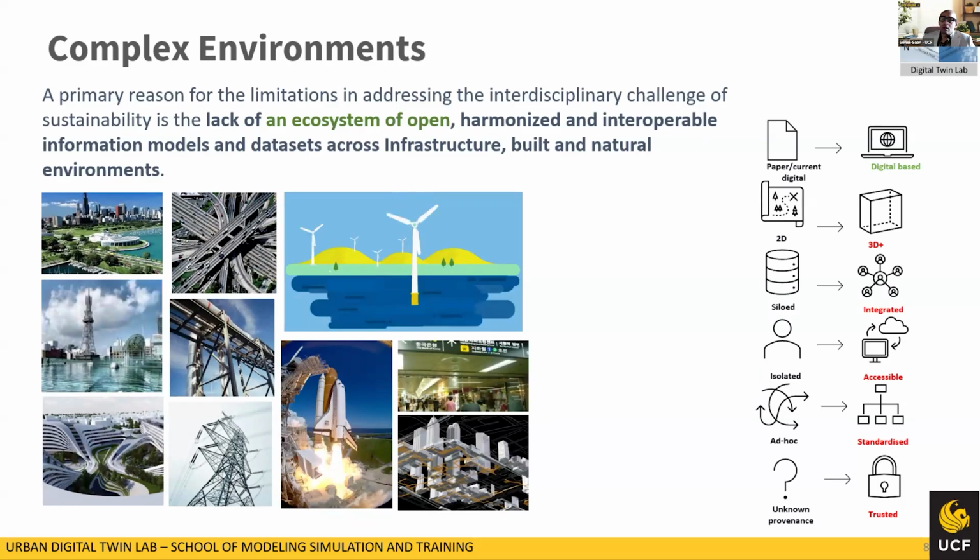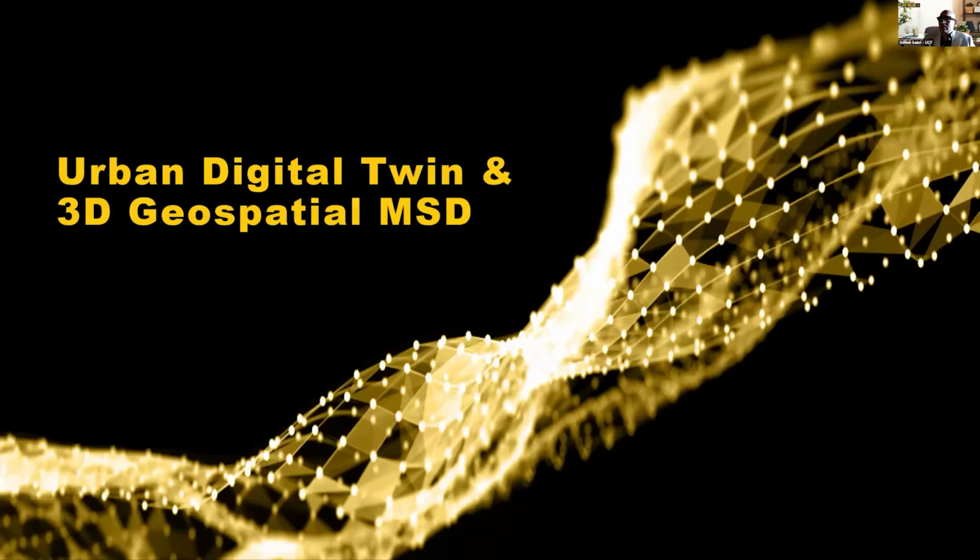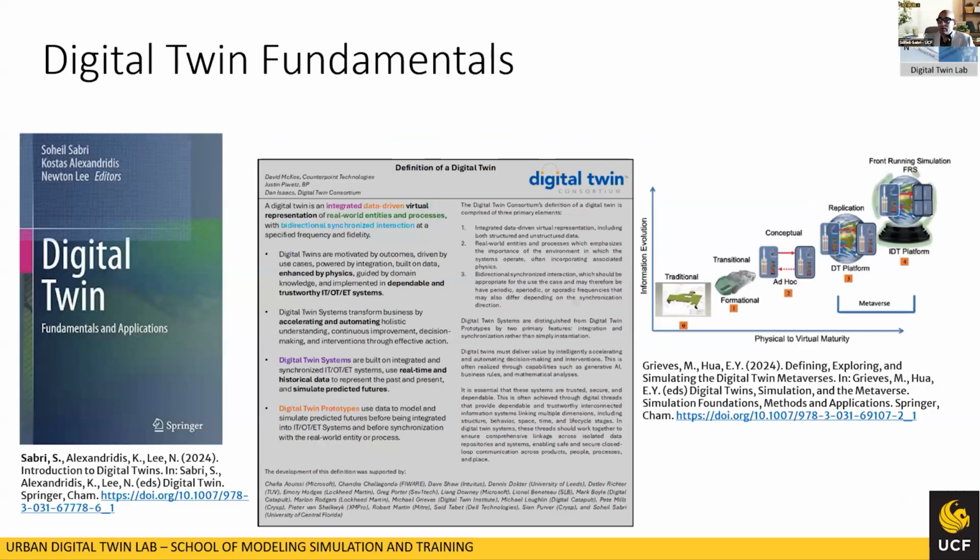So what we are trying to do here is providing a digital twin framework as a solution. This book here is a book that we published back in 2024 with the Digital Twin Consortium, in which I am the ambassador for academia and research, and also co-chairing the academia and research working group.